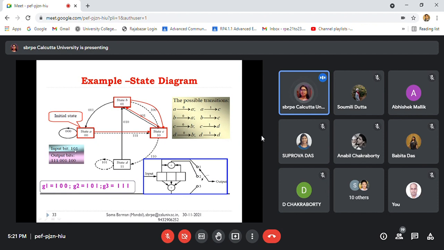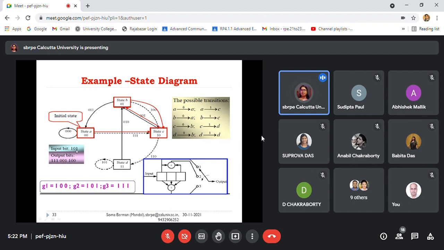So for a 0 input, C goes to B. It is shown by the red line, and the output branch for this path transition, C to B, is already calculated as 001. So you just put that, 001.